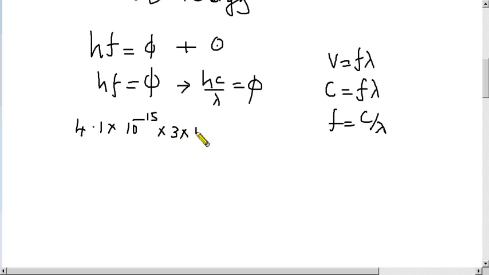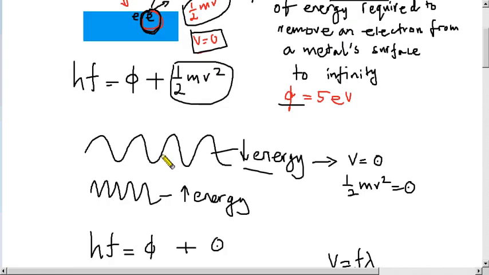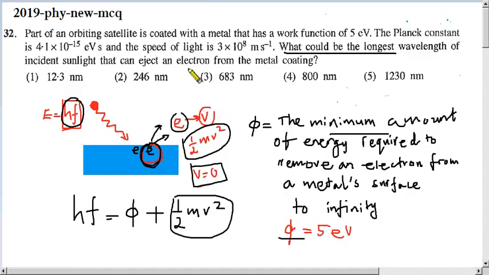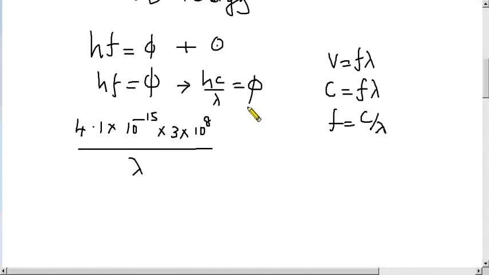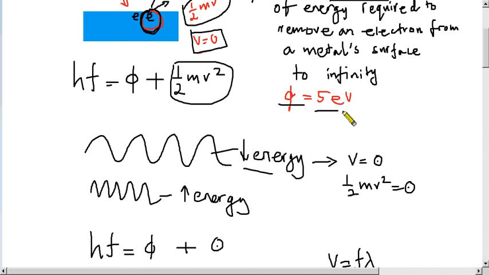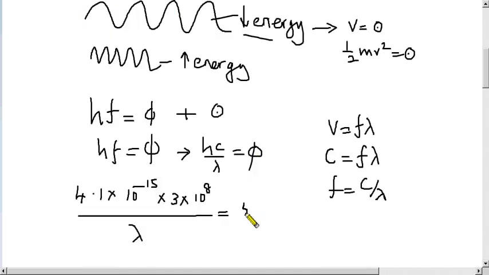Divide by lambda, we don't know, that is the thing we have to find out. Longest wavelength, that is the quantity we have to find out. This work function is given in the question as 5 electron volt.